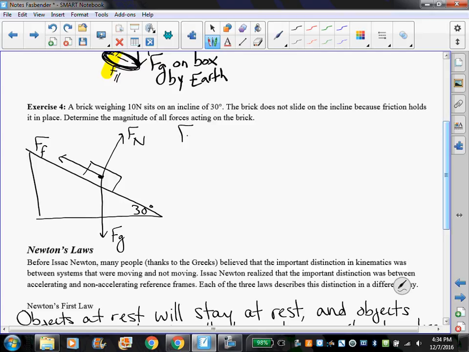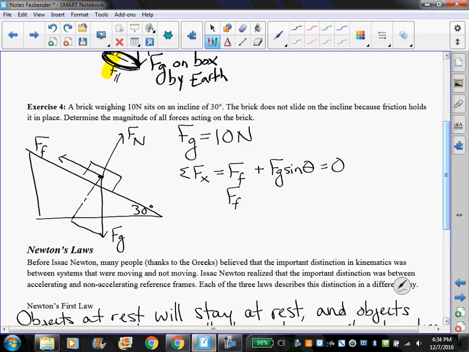Now we're going to determine the magnitude of all forces acting on the brick. They've already told us one of those forces. They told us that the brick weighs 10 newtons, which means that the Fg on this brick is 10 newtons. To figure out the force of friction, I just need to use my sum of forces in the x direction equation, which is the friction force plus Fg sine of theta equals 0.